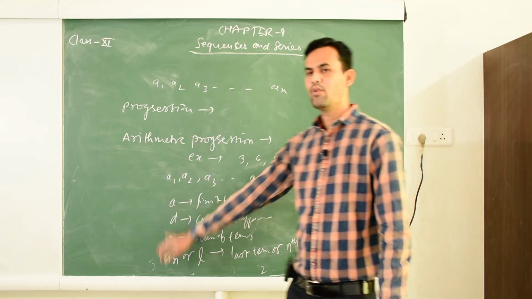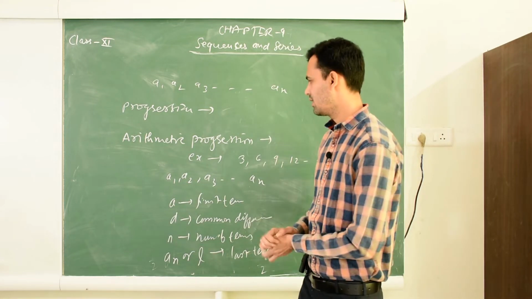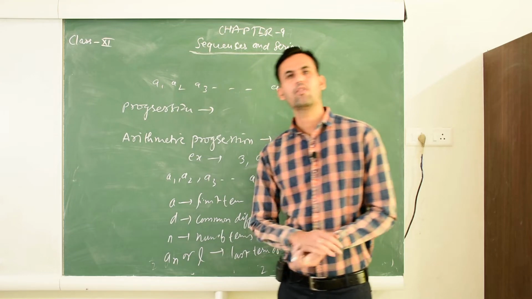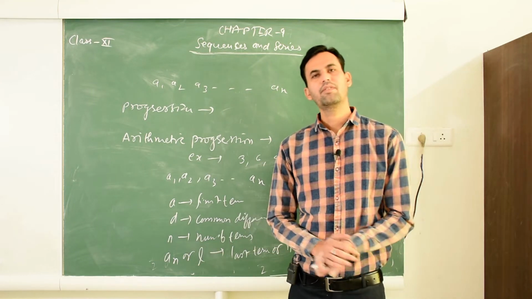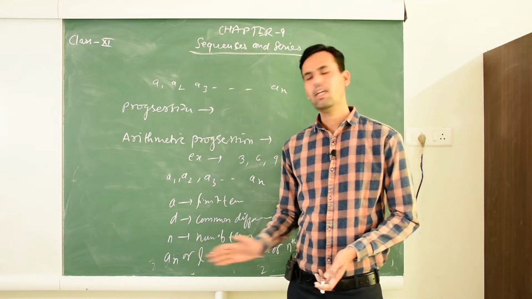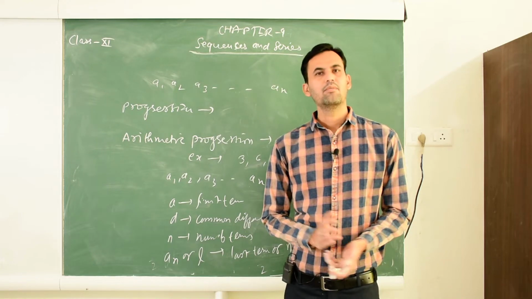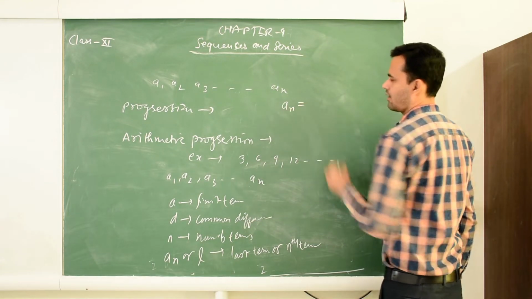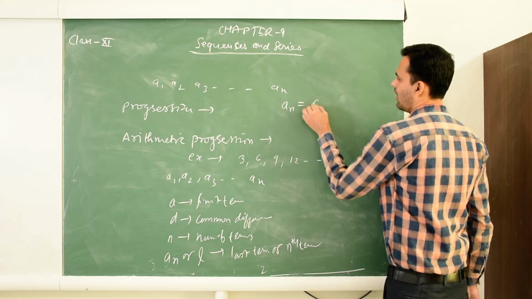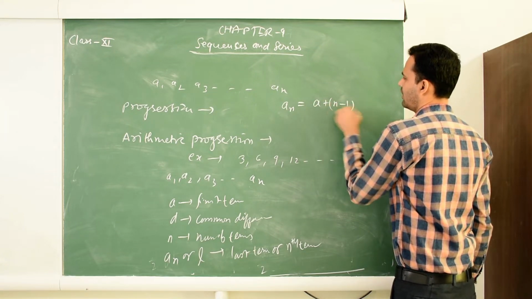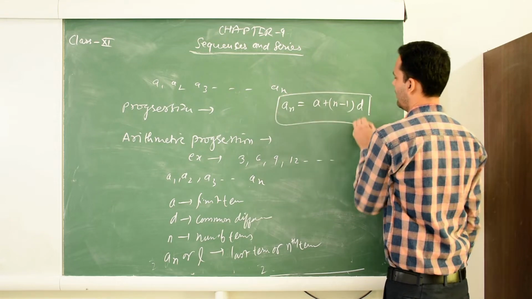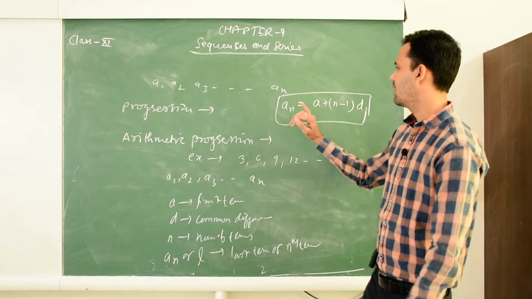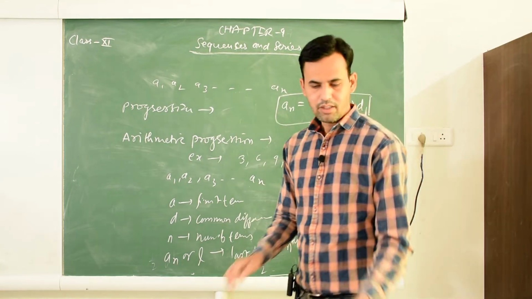So these are four important terms in arithmetic progression. The formula for the nth term is A plus N minus 1 into D. This is the nth term or last term of the arithmetic progression.